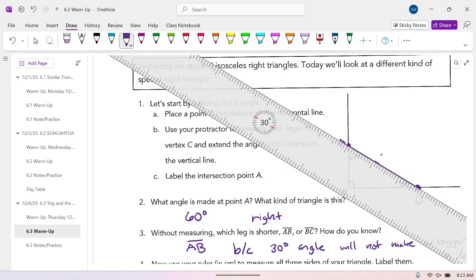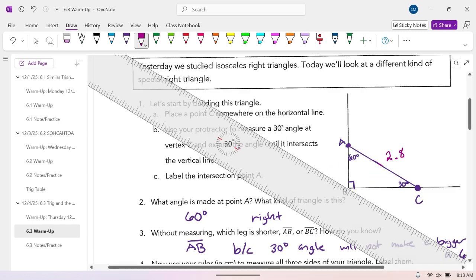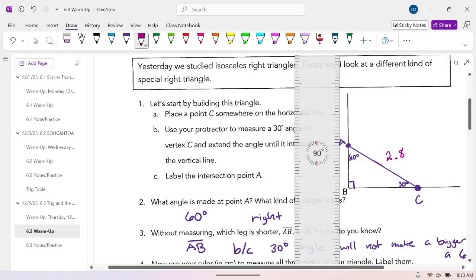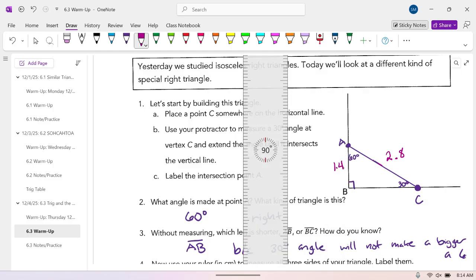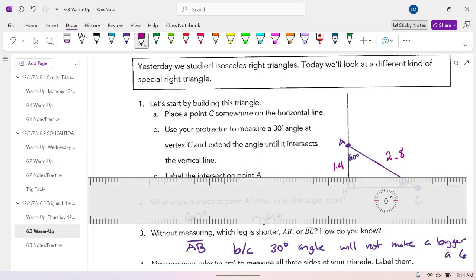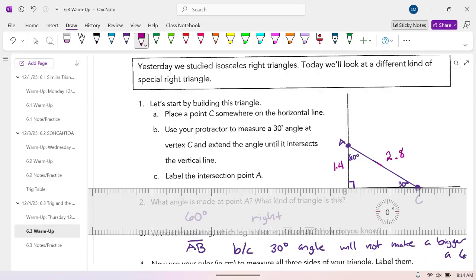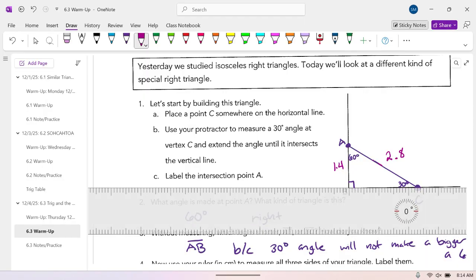So this would be about 2.8 inches. That's 1.4. That's 2.4.